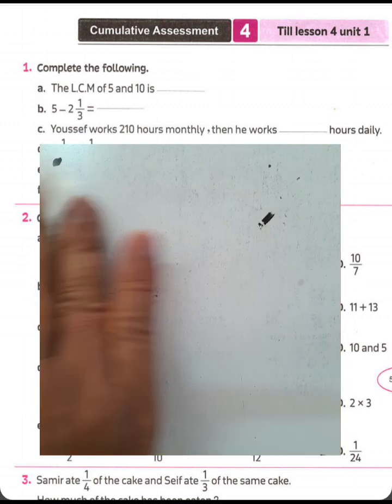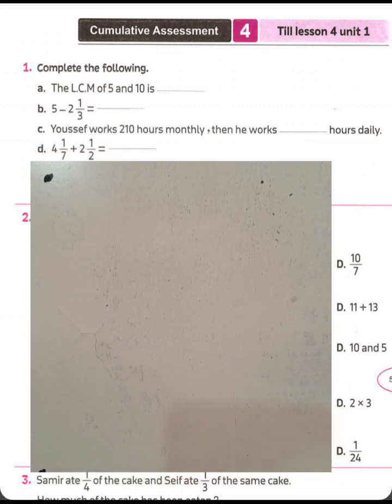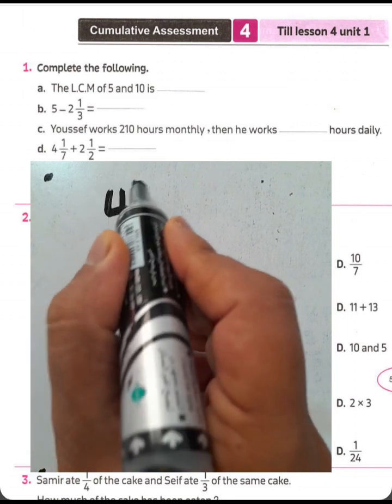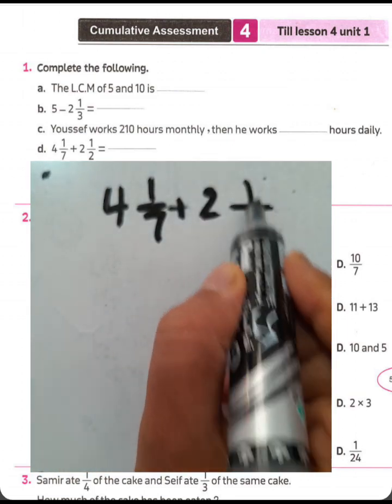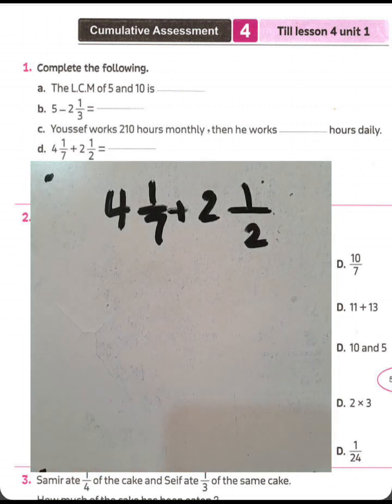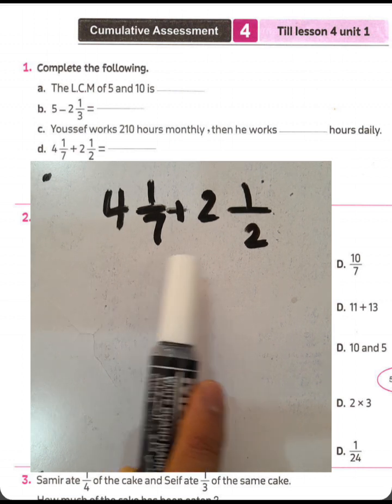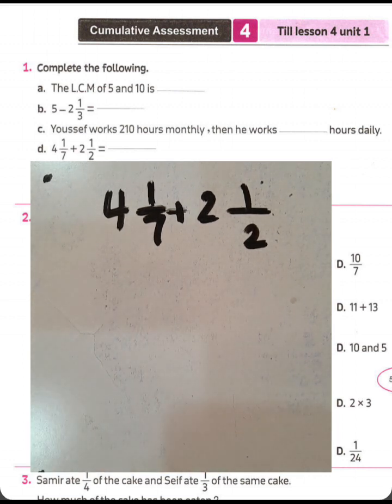Question letter D. 4 and 1 over 7 plus 2 and 1 over 2. We can find the least common multiple between 7 and 2. 7 cannot be divided by 2.